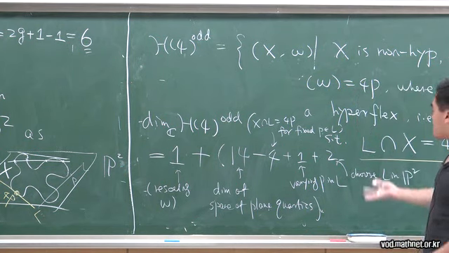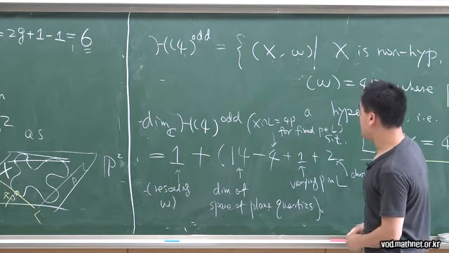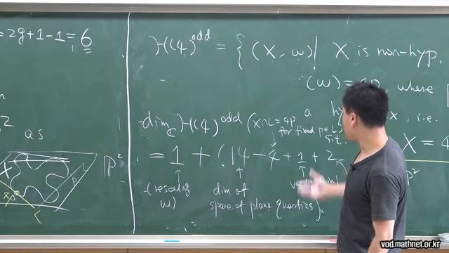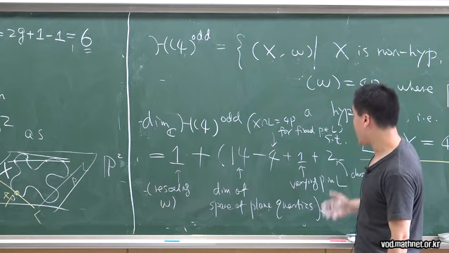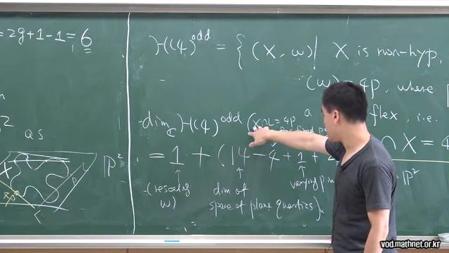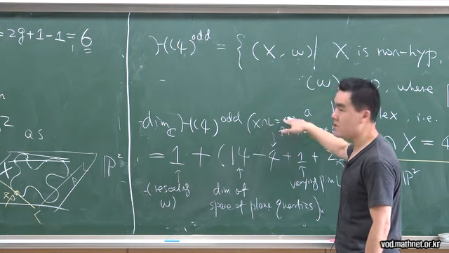In other words, I really consider a correspondence of 3 objects: a varying point P in a varying line L, such that this quartic curve X intersecting L equals 4 times P.